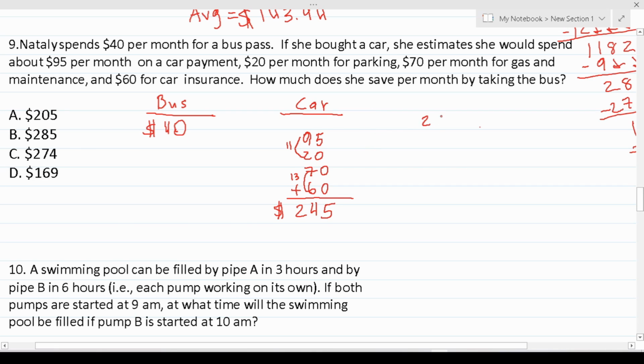So we're just going to do 245 minus 40. You can do that mentally. It's just going to be 205. In other words, by not owning a car, she's saving herself $205 per month. Again, pretty easy question. I just threw it in there to see if you would overthink it.